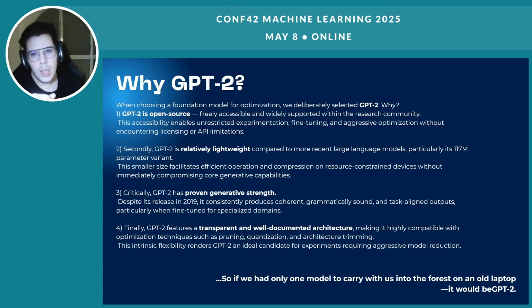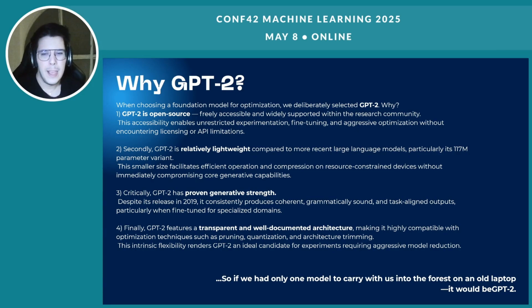Why? As I mentioned before, it's open source, so we can play around as much as we want without encountering licensing or API limitations. Second, it is relatively lightweight, both in parameter size, with 117 million parameters, and in raw model size, it's only 500 megabytes, which is not that much.